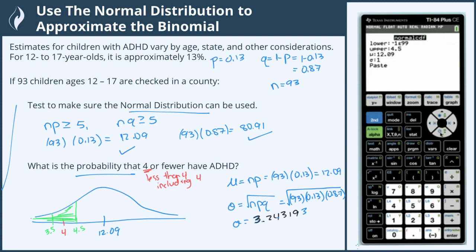My standard deviation we found to be 3.2431, and we should probably use more digits there. My area, which is my probability, is approximately 0.0096. And typically about 4 digits to the right of the decimal for probability.